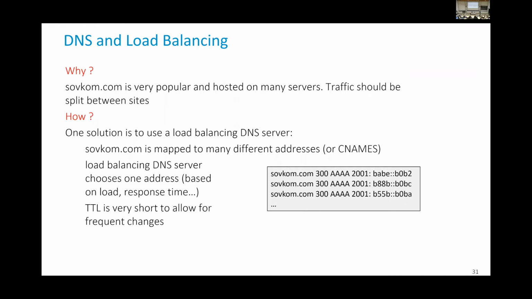A load balancing DNS server is dynamic, and it has multiple addresses for a given name. Here is, for example, for Softcom, 3 addresses, but as you can imagine, Google can have a much larger number of canonical names or directly IP addresses that correspond to the same name here. With a very short TTL, here it's 5 minutes.